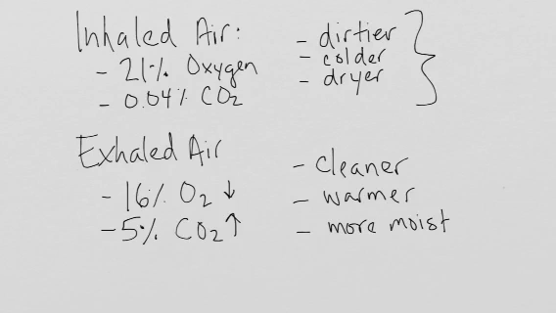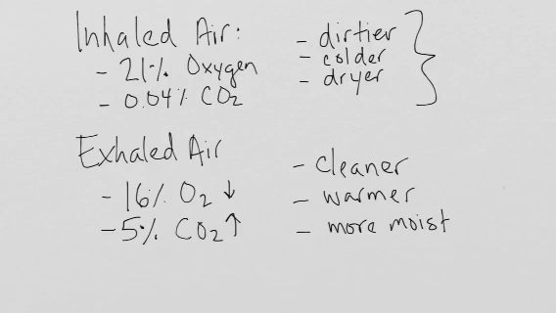If you're blowing the exhaled air from your lungs into somebody else's mouth and you've blocked off their nose, that air is being forced into their lungs. There's still a high enough concentration of oxygen there that the cells in that person's body will get that oxygen. That gas exchange will still occur.